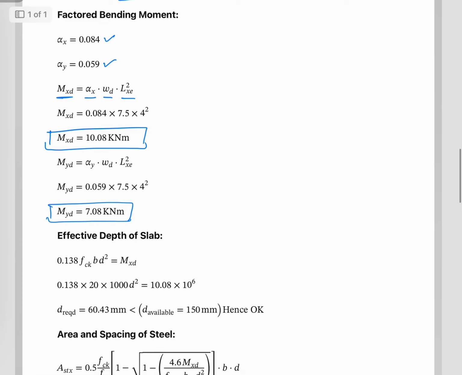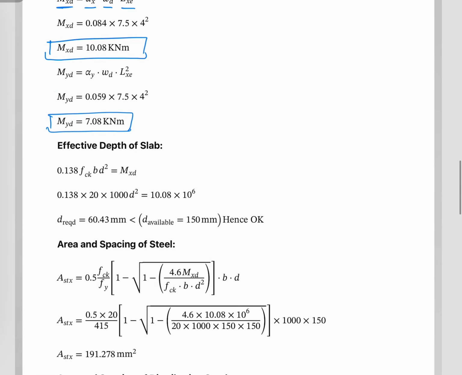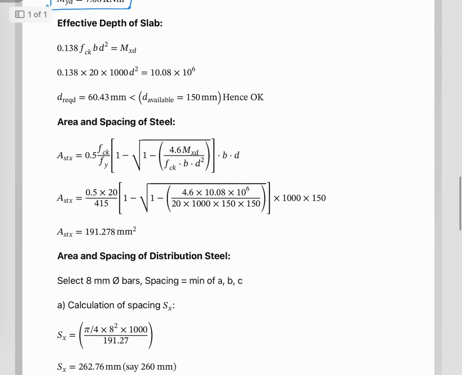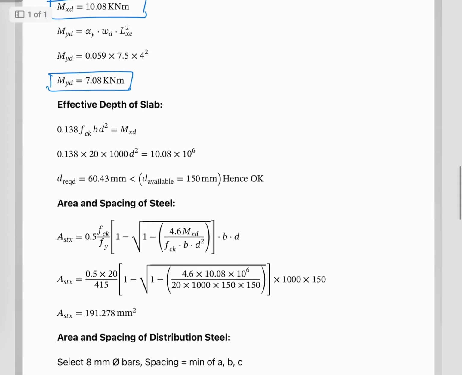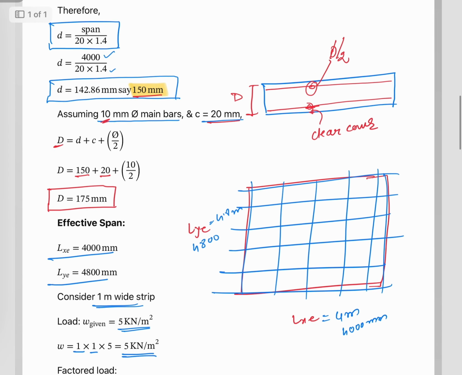Once you calculate the moment, you need to calculate the effective depth of the slab. What is the required effective depth? Here we have calculated the capital D based upon our data assumption. Now we should understand what the requirement is.